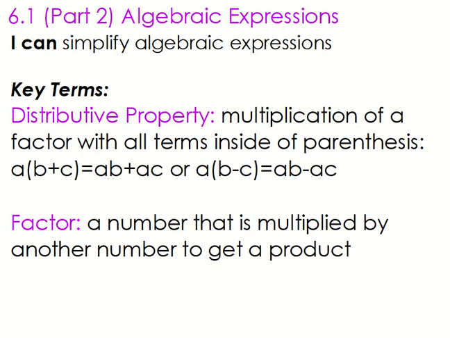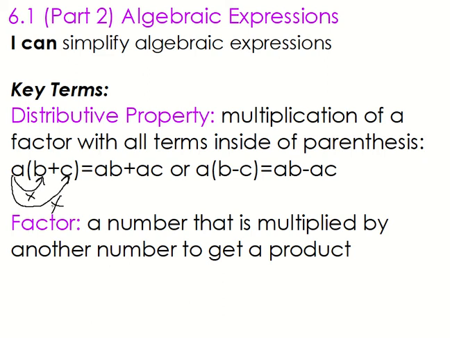So key term number 1, this is multiplication of a factor with all the terms inside of the parentheses. So it'll kind of look like this. We'll have a number A on the outside of the parentheses, and we will multiply it by everything on the inside of the parentheses, like this.